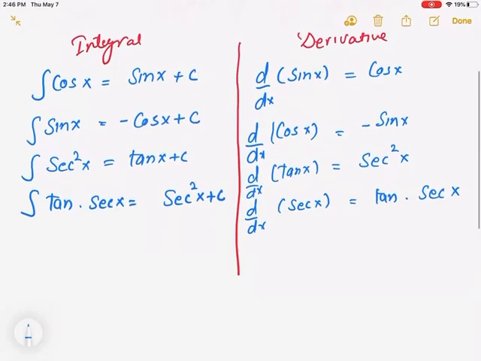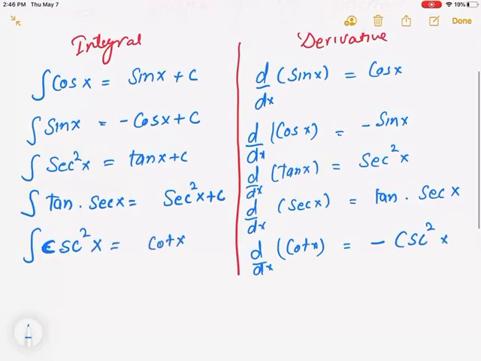Next one, the derivative of cotangent. It's equal to negative cosecant square x. So if it's cosecant square x, it's going to be equal to cotangent x plus c, and don't forget you need to adjust that negative, so I would make this one negative. And the last one was cosecant.